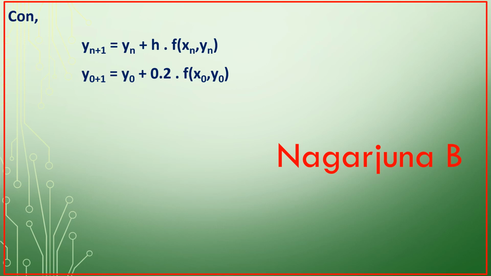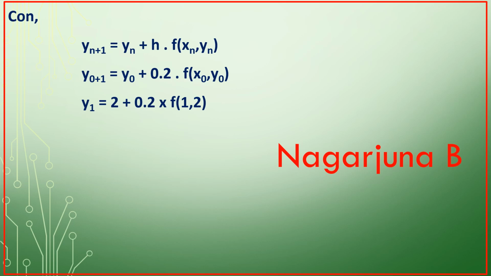So before writing that, we write the value of x0, y0, and 0 plus 1 as 1. Therefore we will be writing y1 equal to 2 plus 0.2 into f of 1 comma 2.